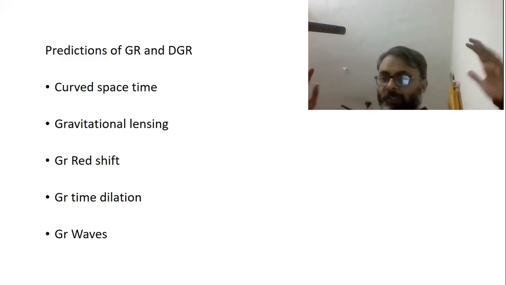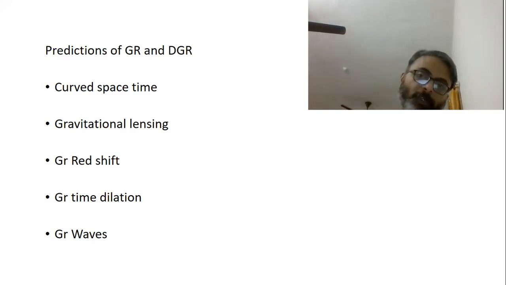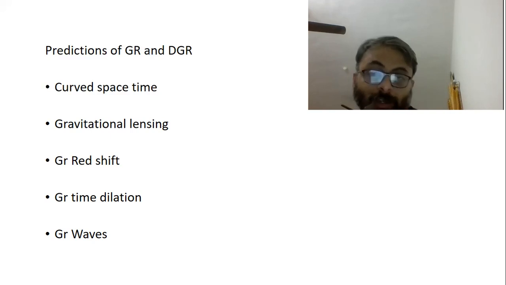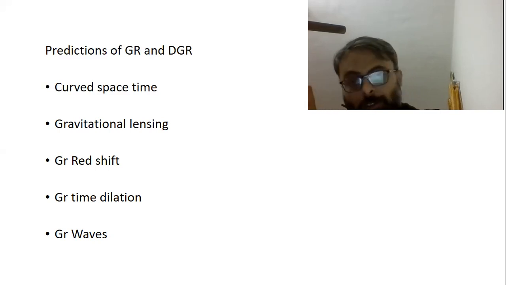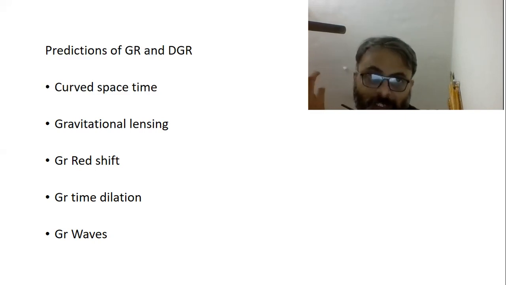So this compensation will move outwards with the speed of light. This is the gravitational wave which is detected by LIGO. This is the prediction of dynamic general relativity. DGR does predict two types of gravitational waves: the typical gravitational wave which we detected on LIGO, which travels with the speed of light, and the other one, the time resetting wave, which goes much faster than the speed of light, almost instantaneous transfer.